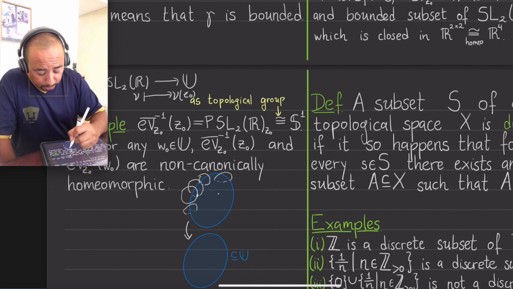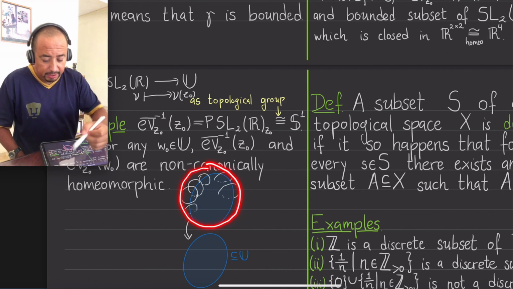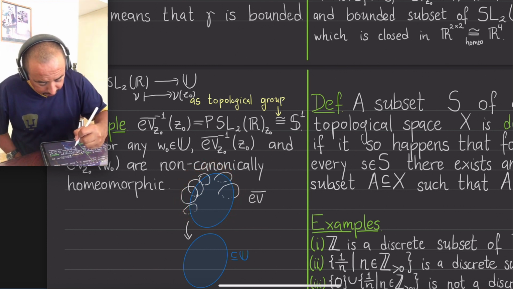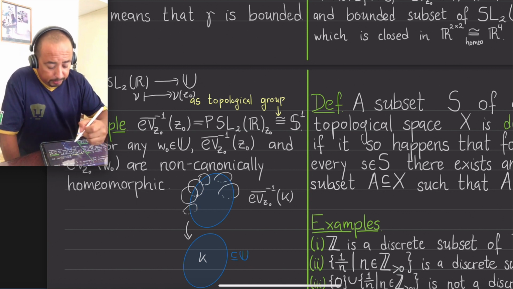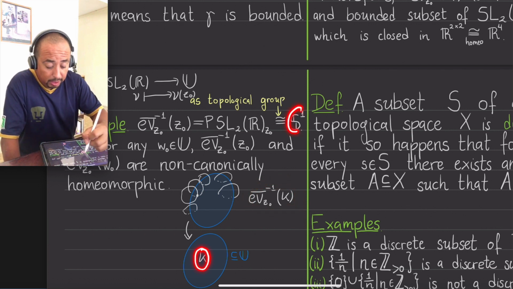Of course, one thing I don't know yet is, if this was, let's say, K, and this would be the inverse image F Z not inverse of my set, whether this is homeomorphic to K cross S1, right?